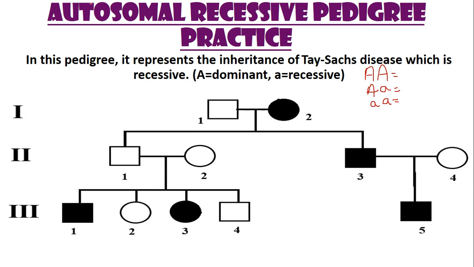Since this is an autosomal recessive pedigree and Tay-Sachs is recessive, those individuals that are affected have the recessive trait, which is two lowercase a's. So these lowercase a are shaded. That means all the non-shaded ones are either big A, big A, or big A, little a.